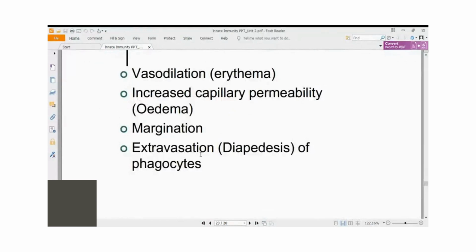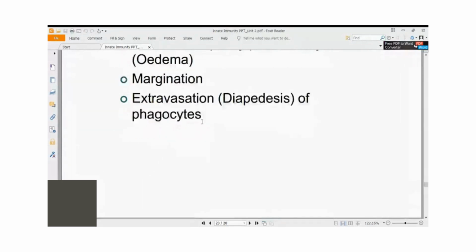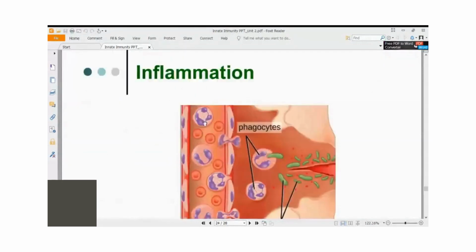Getting out of the blood vessel is called extravasation. The other word for that is diapedesis. Diapedesis or extravasation of the phagocytes. Phagocytes are nothing but the neutrophils. It is a special ability that is gained by the neutrophils during inflammation.